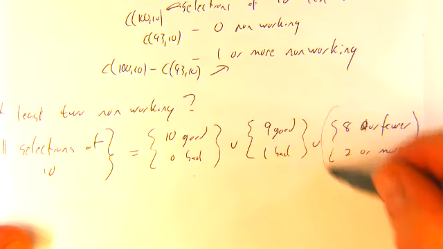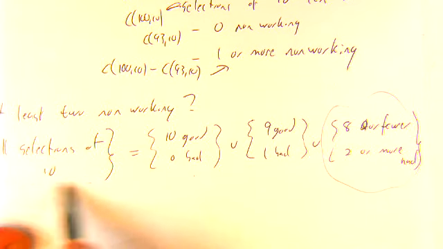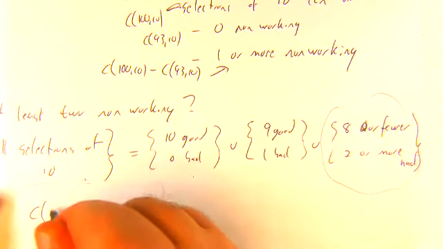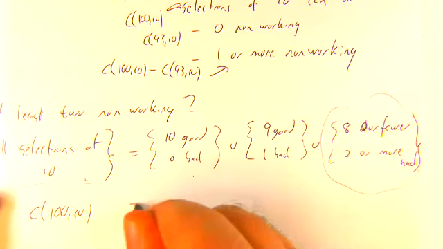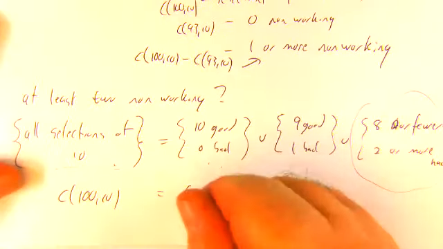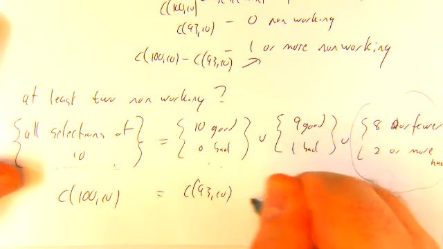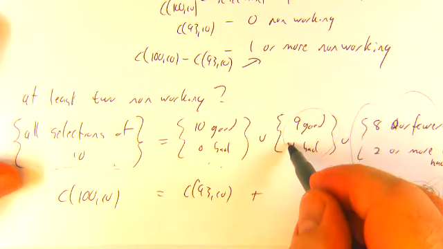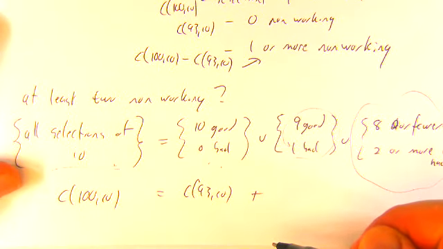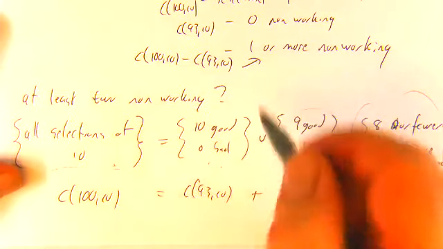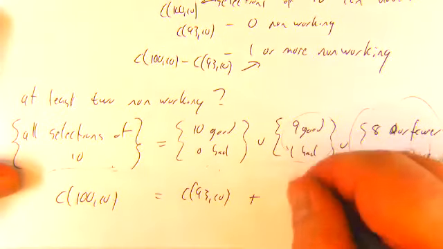And I want to know how many cases there are of this. But I know how many cases there are of this. This is C(100,10). I know how many cases there are of this. That was my C(93,10). I know how many cases there are of this.